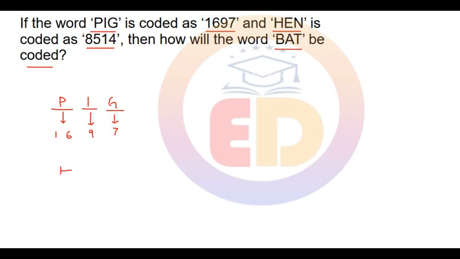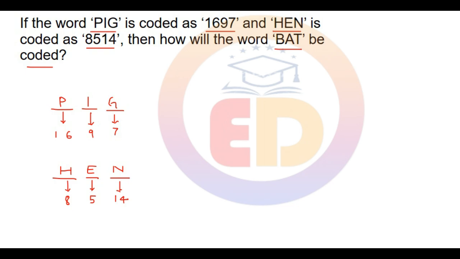Similarly, they have given the code for HEN as 8, 5 and 14. H is alphabet number 8, E is alphabet number 5, and N is alphabet number 14. Now they are asking the code of BAT.